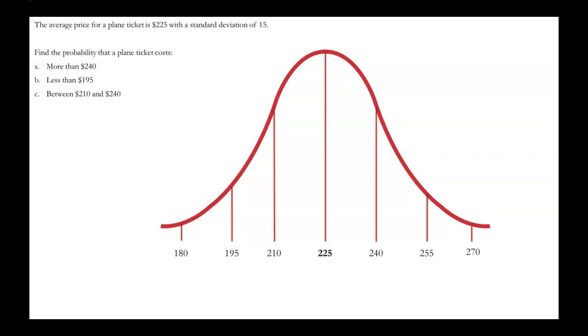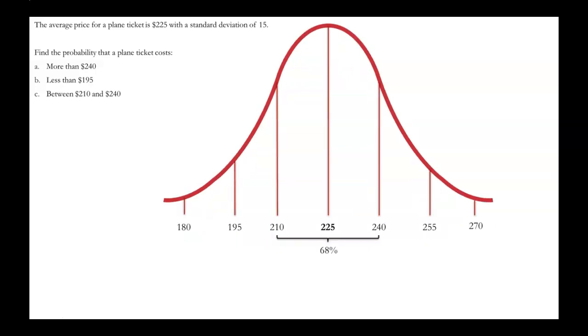So now we can think about the empirical rule. And the empirical rule tells us that within plus and minus 1 standard deviation is 68% of your data, right? That's the largest group, the middle part of your bell curve.